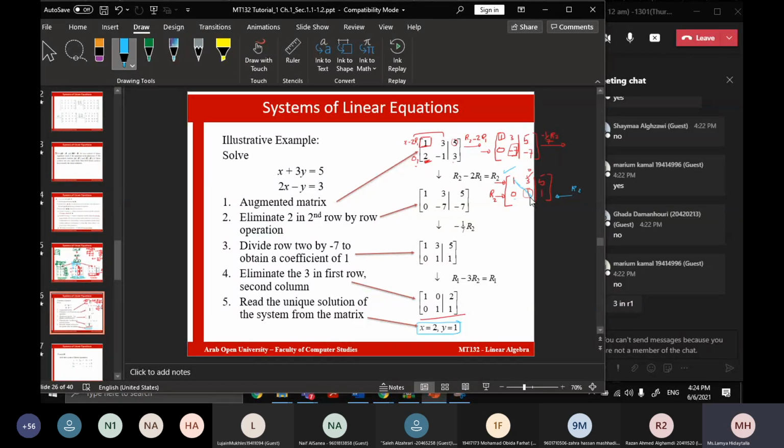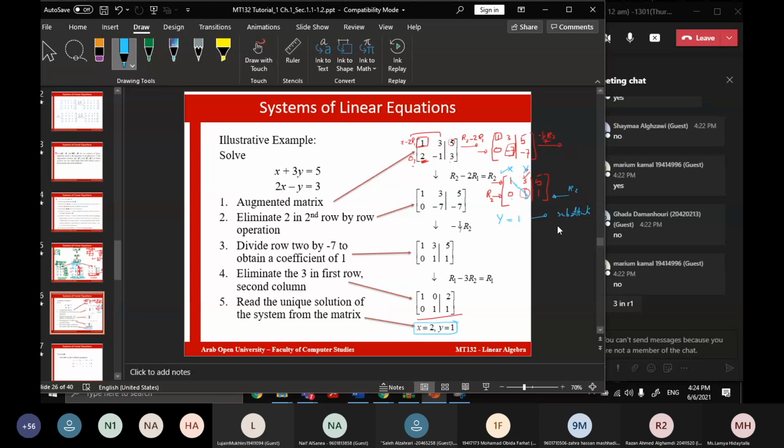Let's start from the last. From the last one, what do we have? This is corresponding to the X and this is corresponding to the Y, correct? 0x plus 1y, so y equals 1 from R2. Then substitute in R1.